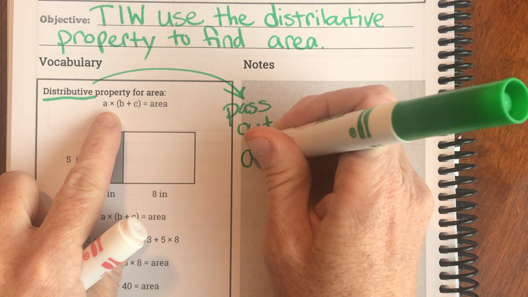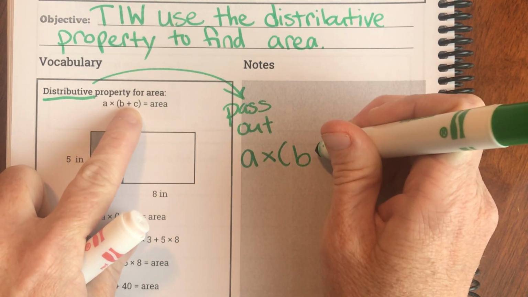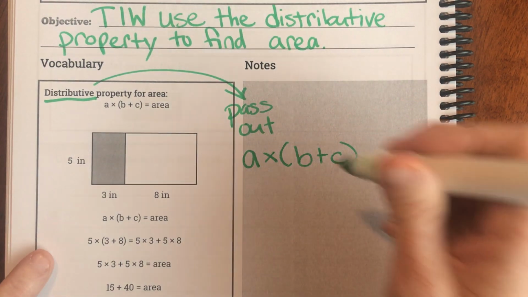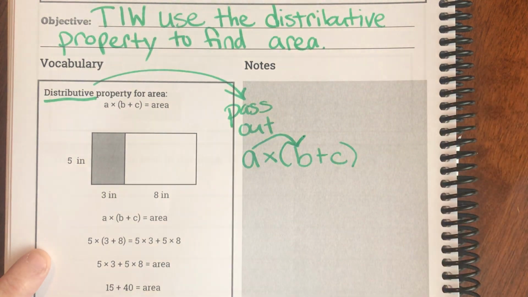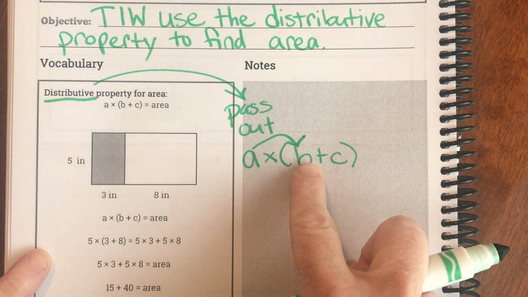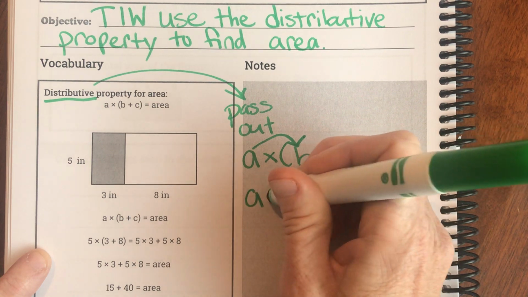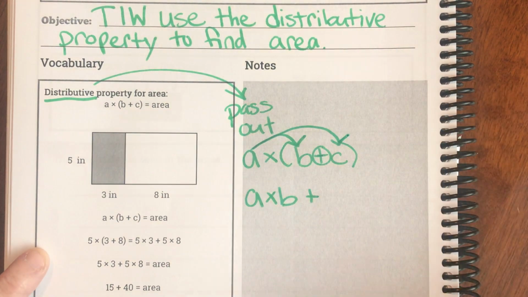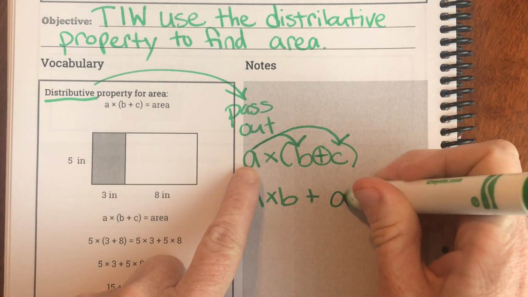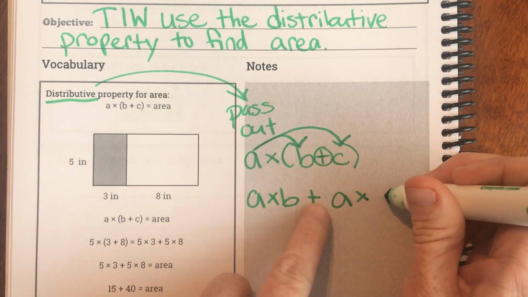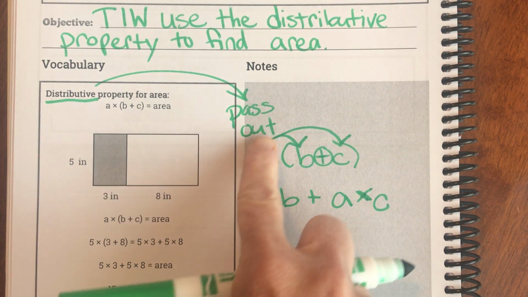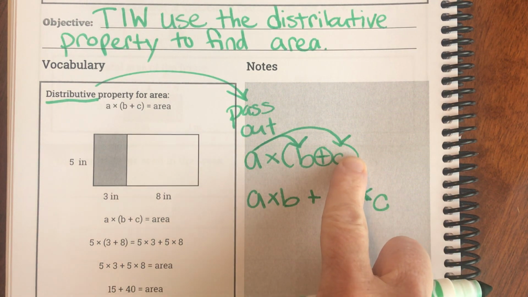So I'm just going to copy this. I have A times B plus C. In the distributive property, what they do is they pass out my A to B. So I have A times B. Plus, then I'm going to pass out or distribute my A to my C. So now I have A times C. That's what happens in the distributive property: you take this first factor and you pass it out to the ones in the parentheses.